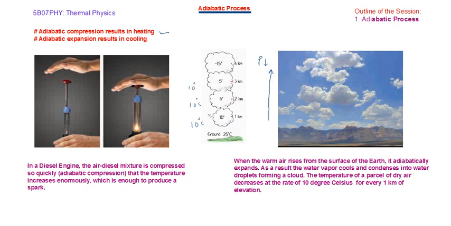Then once again at 4 kilometers above the surface of earth, the temperature of this parcel of air would have reached some minus 50 degrees Celsius, and at these very low temperatures water droplets would have started to form thick, and it becomes what is known as a cloud. So formation of cloud is yet another example of a natural adiabatic process.